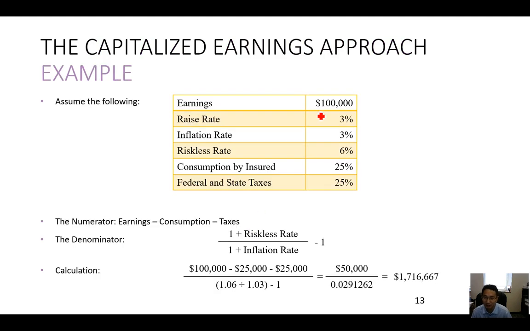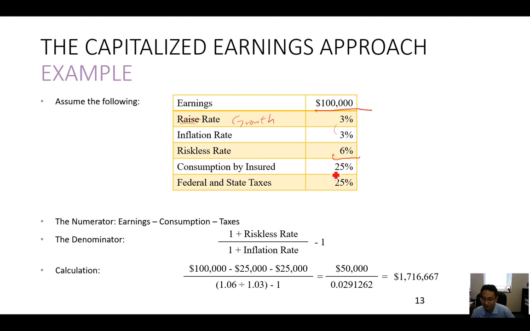So for example, you only need $100,000 annually. You assume the raise rate. I would say this is the growth rate. Okay. Assume that your income will grow 3% every year. Inflation rate is 3%, so these two align. It's quite common to assume wage will grow similar to inflation rates. Risk-free rate is 6%. It is a little bit high if you look at the market today.